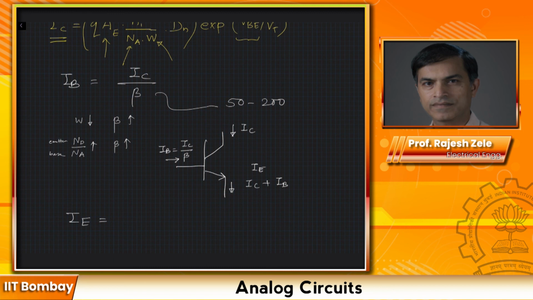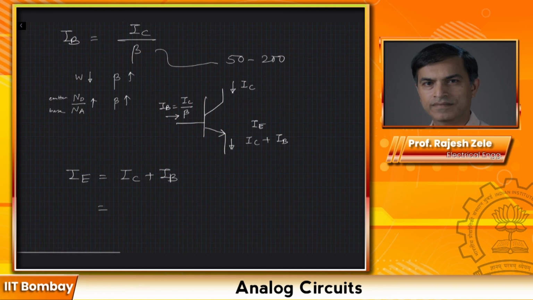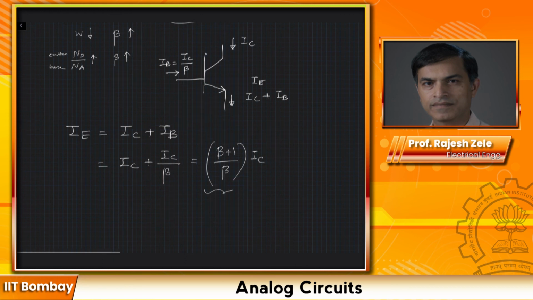IE is equal to IC plus IB, which is equal to IC plus IC divided by beta, and that will become IC times beta plus 1 divided by beta. And this term beta divided by beta plus 1 is defined as alpha.